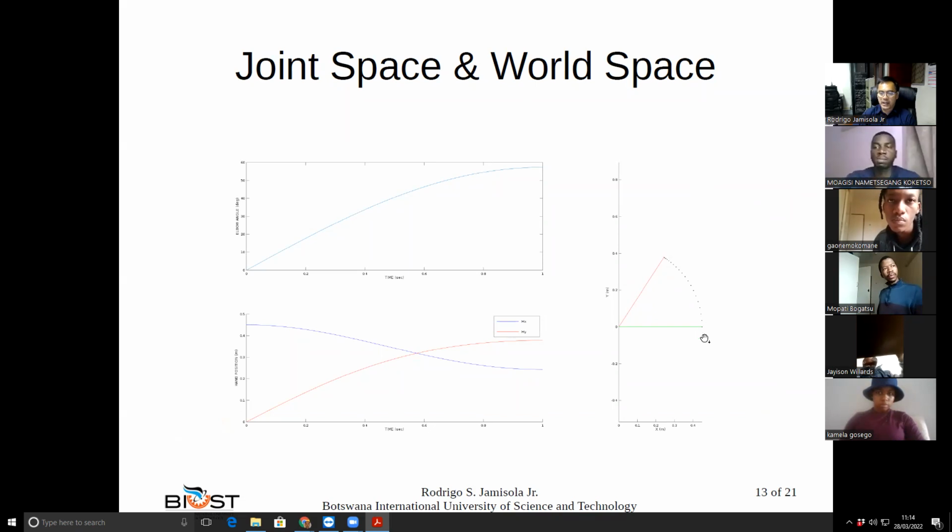So we plot the position of the hand. With respect to the X, it goes from here to around 0.45, and then moves a little bit inward until it reaches here. So from 0.45, the value along the x-axis slowly gets smaller and smaller. That's the plot here.